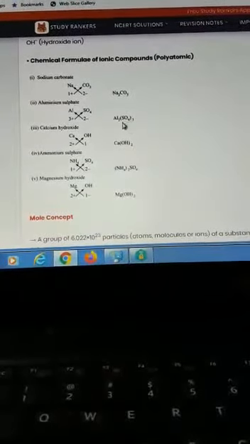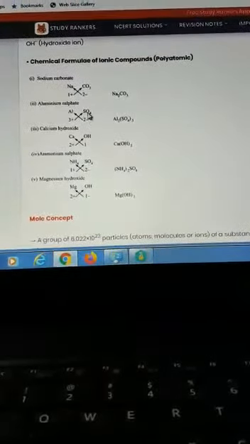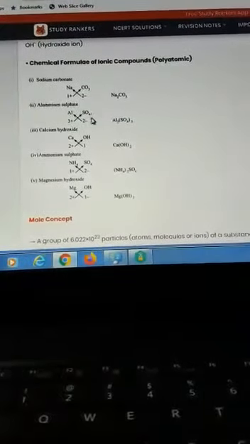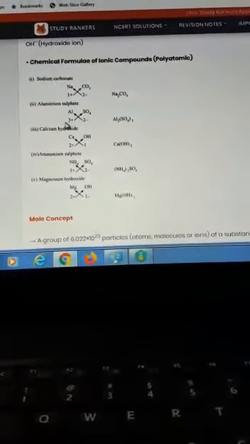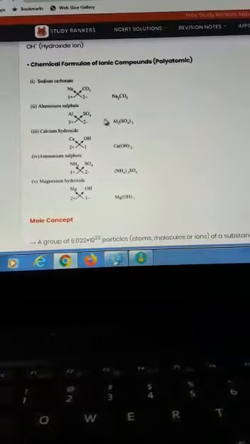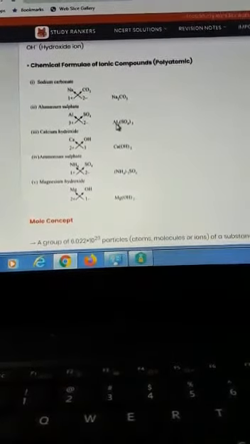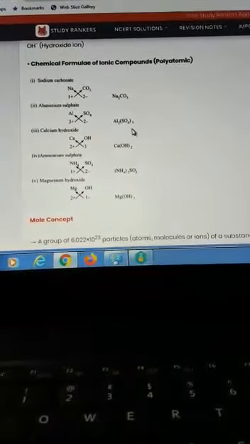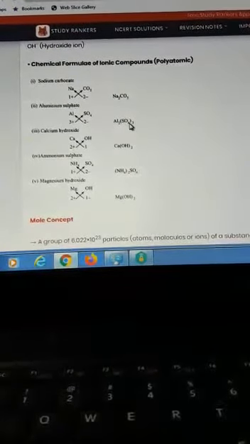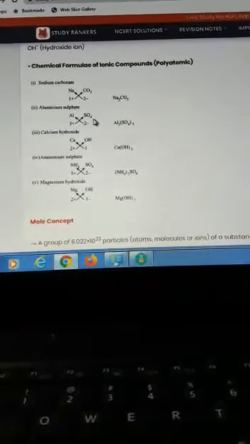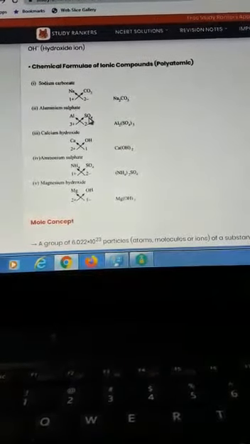Why are we putting a bracket here? Because we cannot multiply 3 with only the 4. We are multiplying 3 with the full SO4, not only with this 4. So you have to put a bracket and multiply with 3. If you multiply only with 4, you are multiplying only with oxygen, not with sulfur.